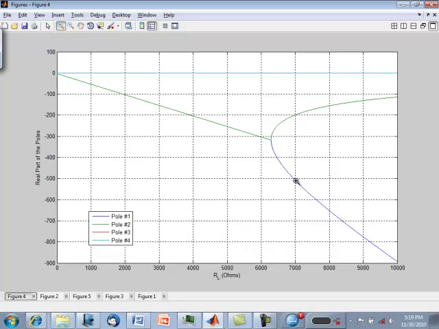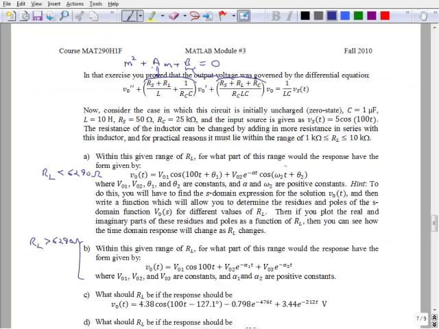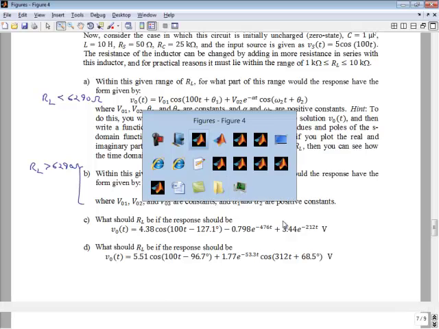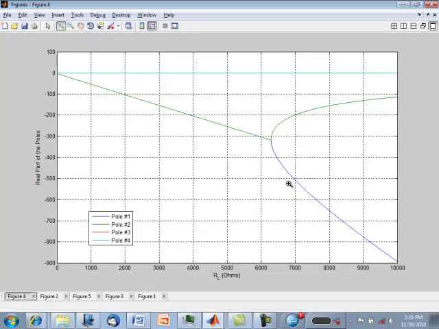Right about here, the real part is minus 212, so say this is 6,820. Let's see if this produces the correct value. At 6,820, this is about minus 476, which is what we're looking for.